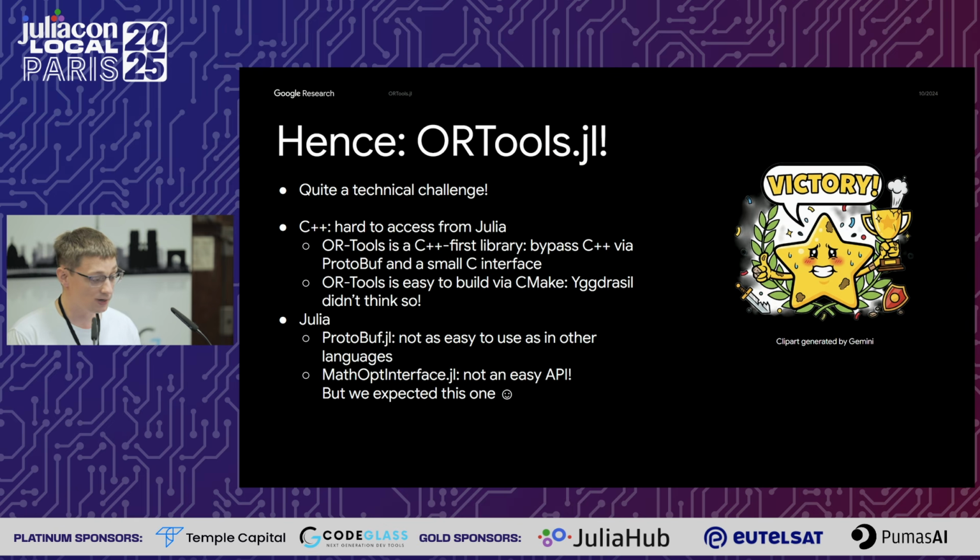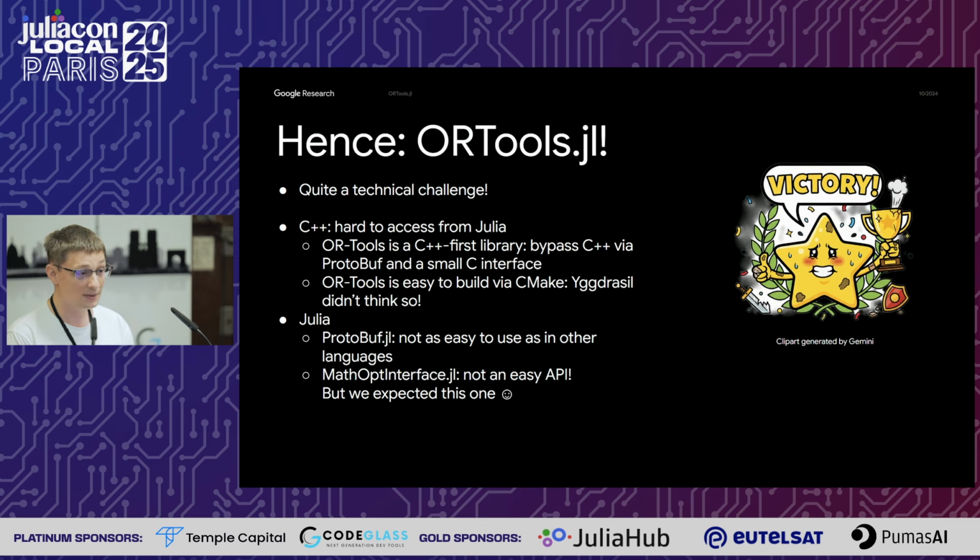Also, ORTools is really easy to build using CMake, but it's a really bespoke CMake that works very well for our purposes, and we developed it for the last 10 years, and it's not exactly how Yggdrasil and BinaryBuilder expect CMake code to work. I'll speak about it later on. Then on the Julia side, there were two major challenges.